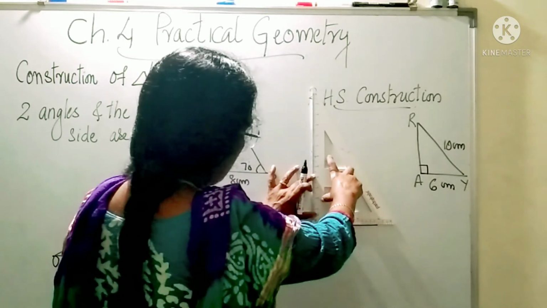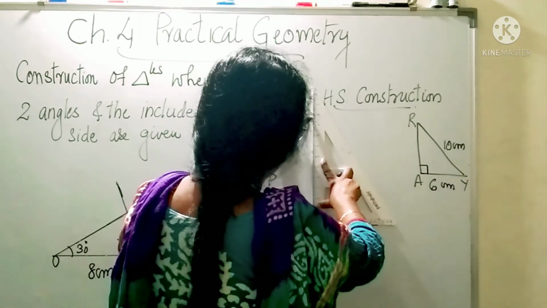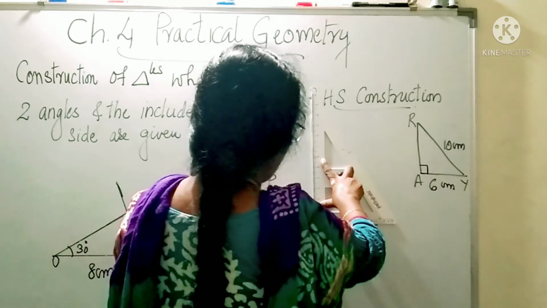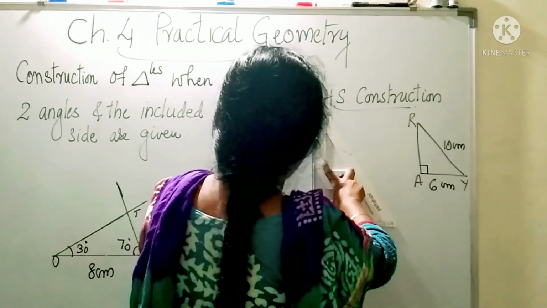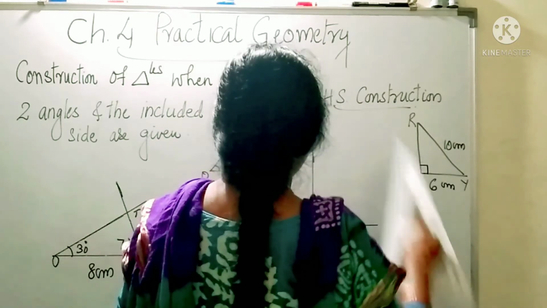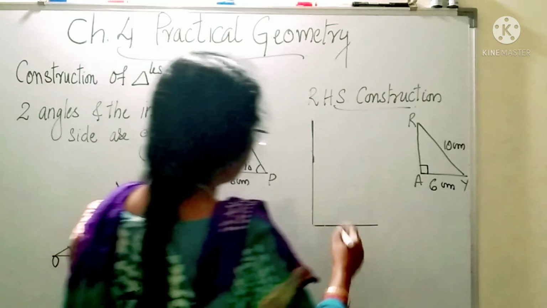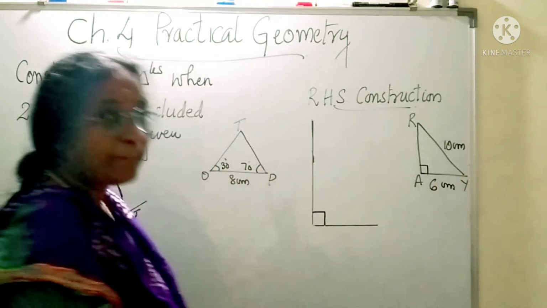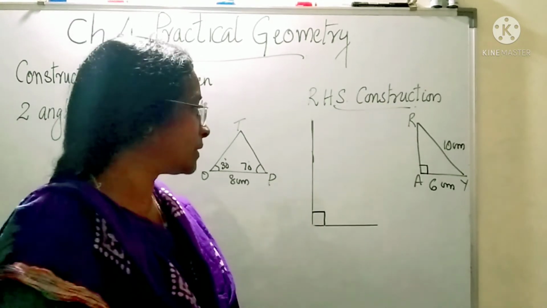You see here, if you keep it like this and press it, it's too slippery. Got an angle of 90 degree. Also, when it is asked to construct, you can use the compass. I'll be showing you that different angle construction.